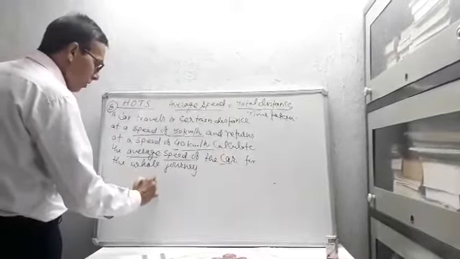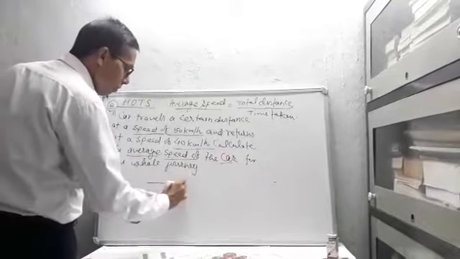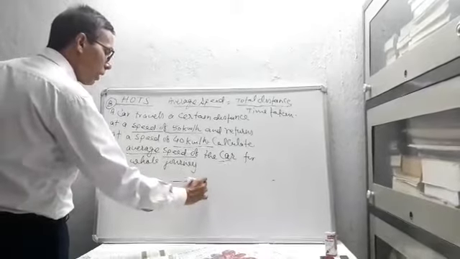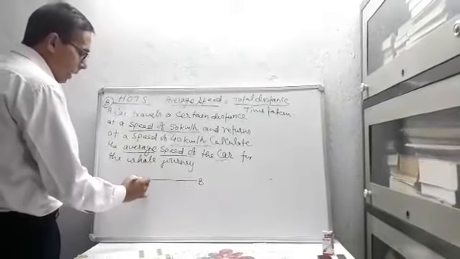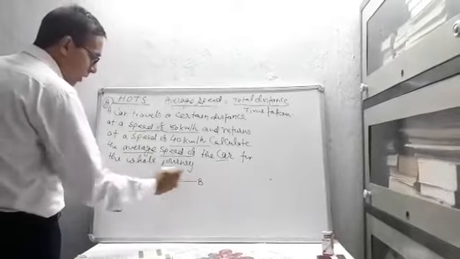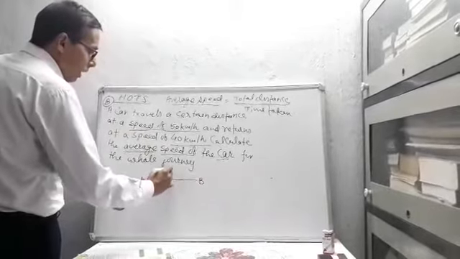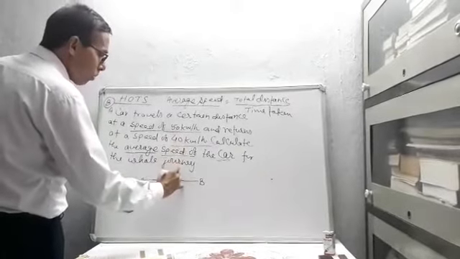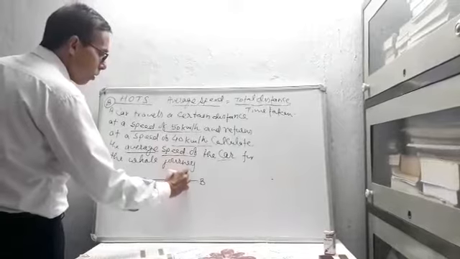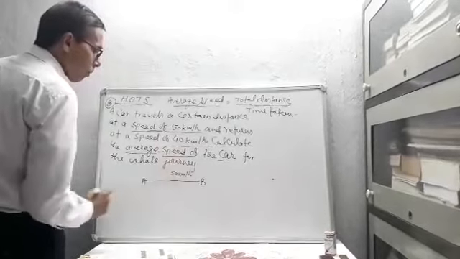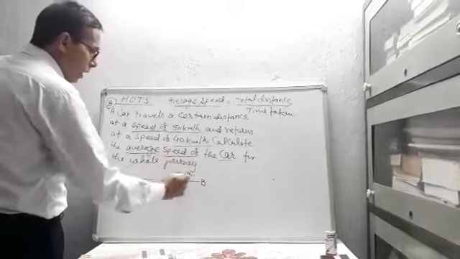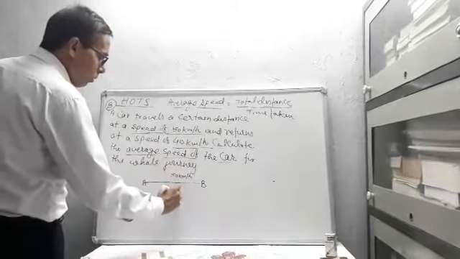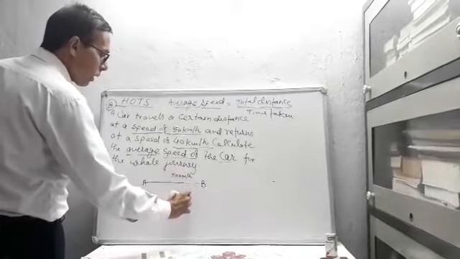Suppose this is the point A and this is the point B. A car travels from A to B at a speed of 50 km per hour, and after returning, that is from B to A, the speed of the car is 40 km per hour.